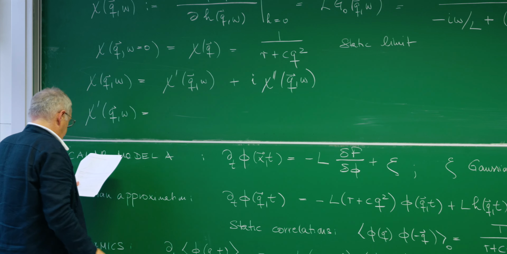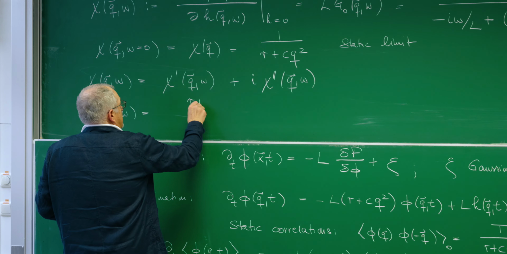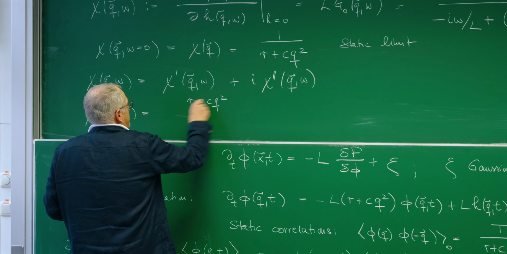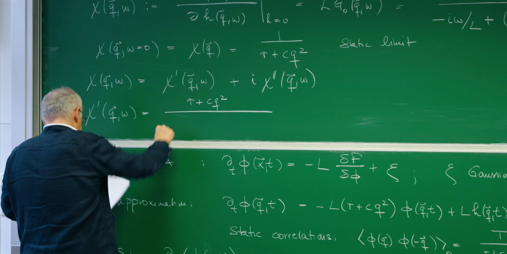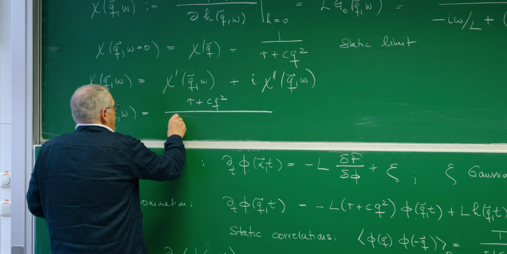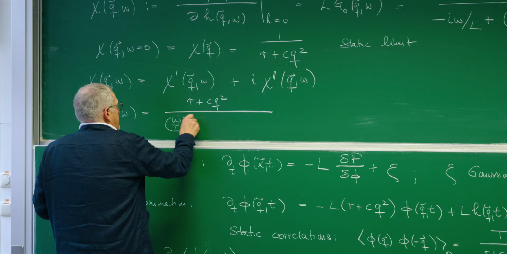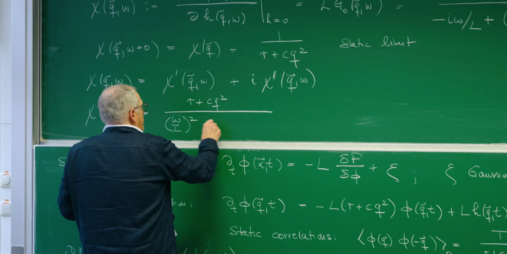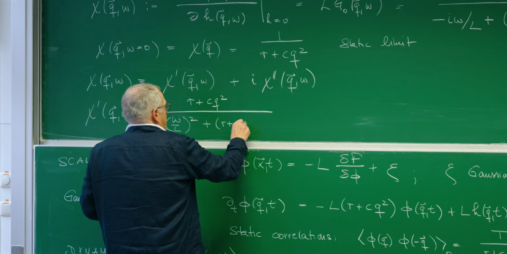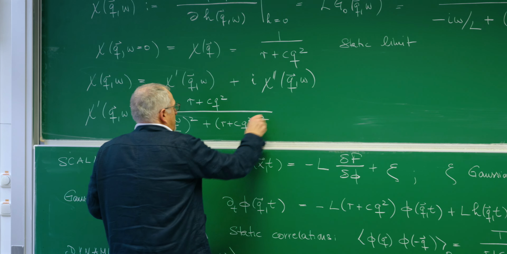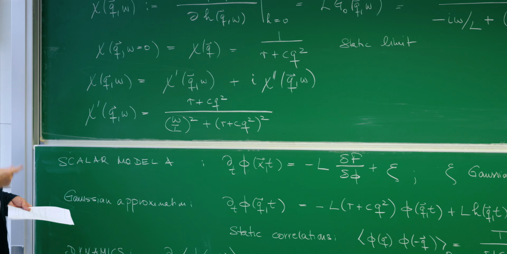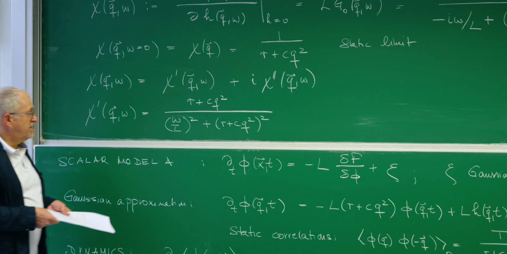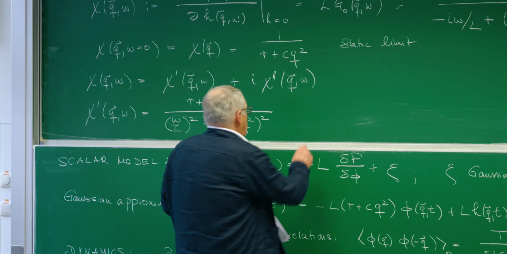The real part has the structure r plus c q squared in the numerator, and omega over L squared plus r plus c q squared in the denominator. So you see this is an even function in omega because of the squares.